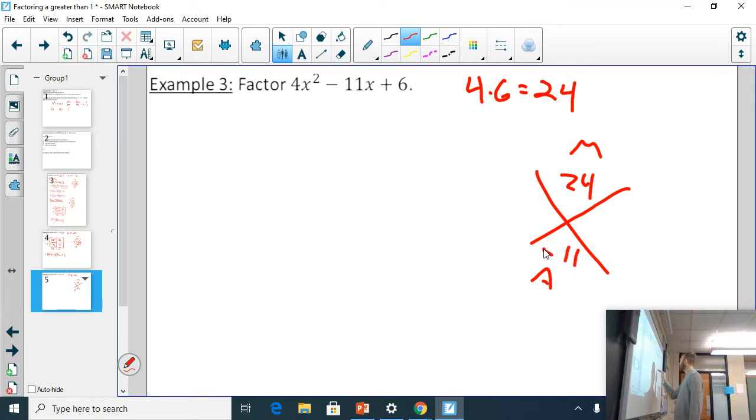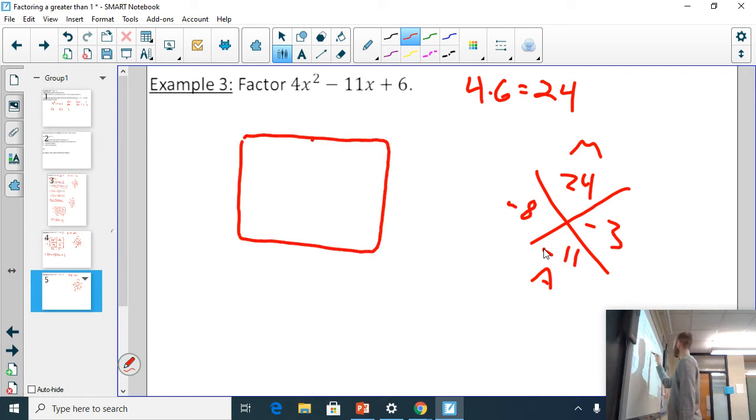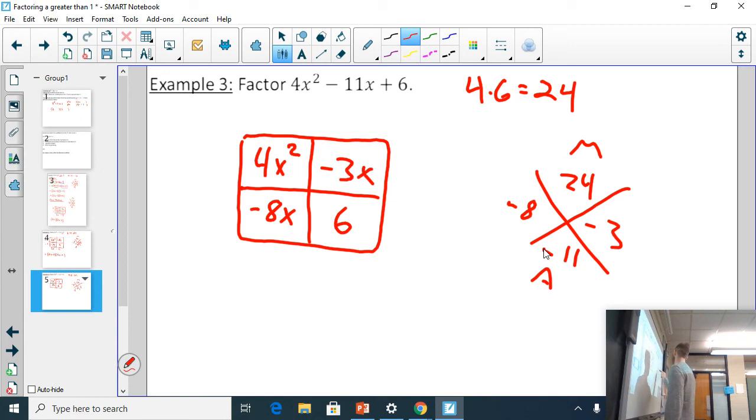And again, we get negative 8 and negative 3, right? So it looks like it's almost going to be the same, but not quite. So let's do our box method. When we do our box method, our 4x squared goes in here. Our plus 6 goes in there, and then we split up our negative 8x and negative 3x, these two numbers. We slap an x on them and throw them in there.